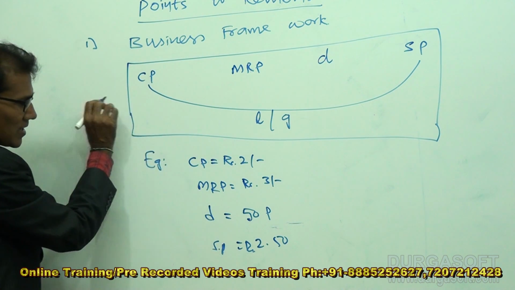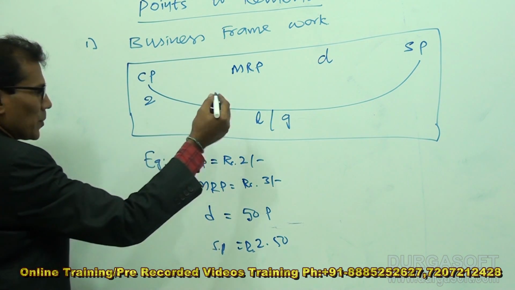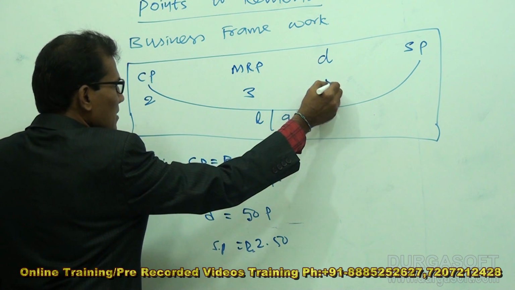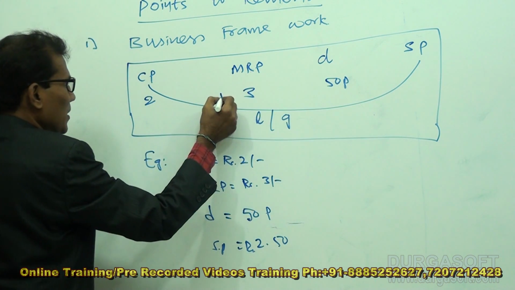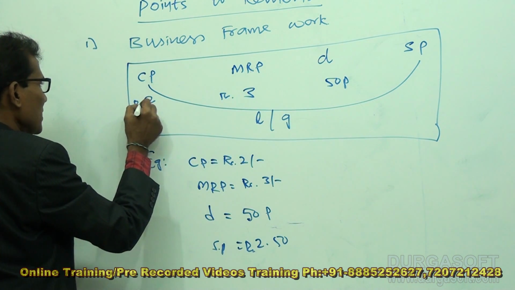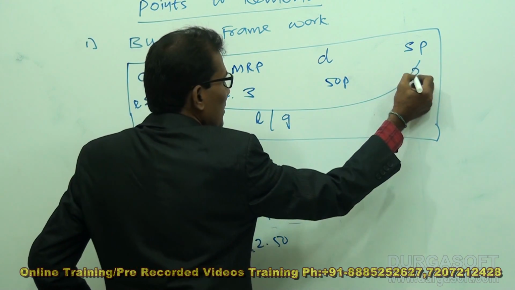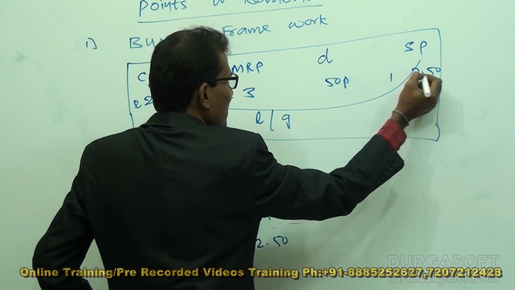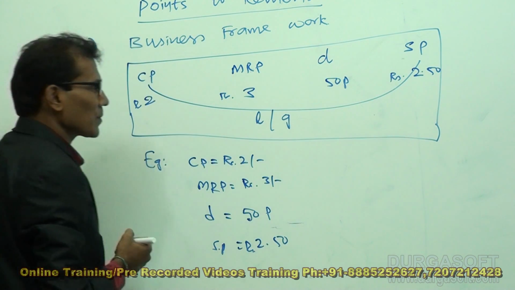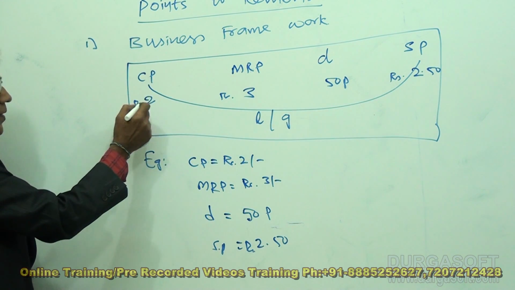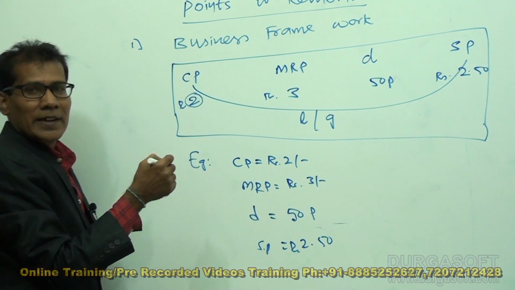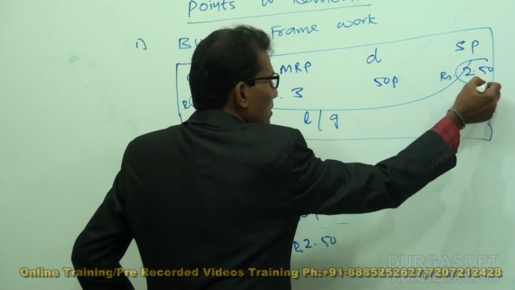So here the cost price is 2 rupees, the MRP is 3 rupees, the discount is 50 paise deduction, and then 2 rupees 50 paise is the selling price. What happened in this case? For the article I paid 2 rupees. At the end of the business I got 2 rupees 50 paise.